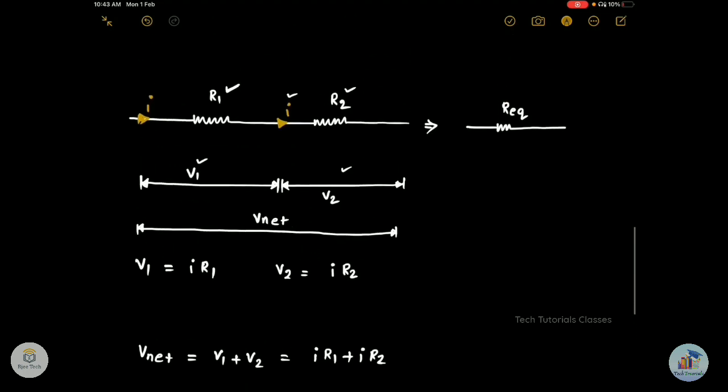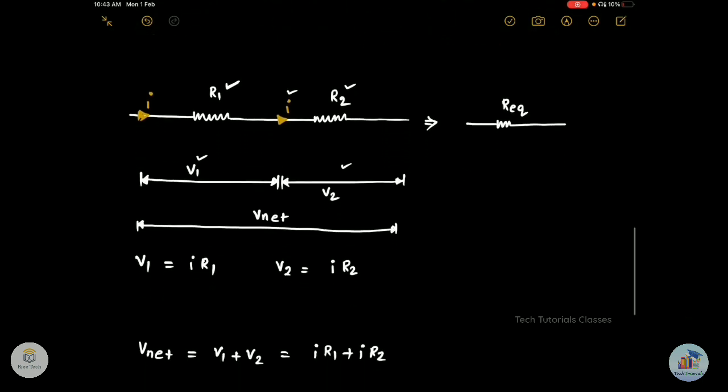Okay, and suppose for the equivalent resistance. So this was our equivalent resistance. What did I tell you? That the equivalent resistance behaves as the two resistances combined in the circuit. So if current I is flowing through R1 and R2, current I must also be flowing through R equivalent, right? Because it has to behave the same way as R1 and R2 combined.